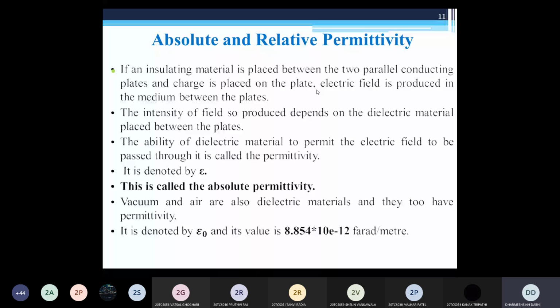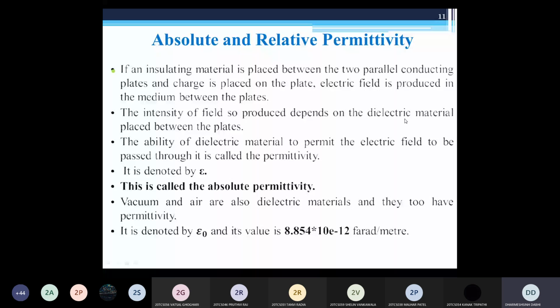The medium is insulating material. So when any positively charged plates in between that, if we put any insulating material, electric field is produced in this insulating material. And the intensity of this field produced in this insulating material depends on the dielectric material. It means it depends upon the insulating material.